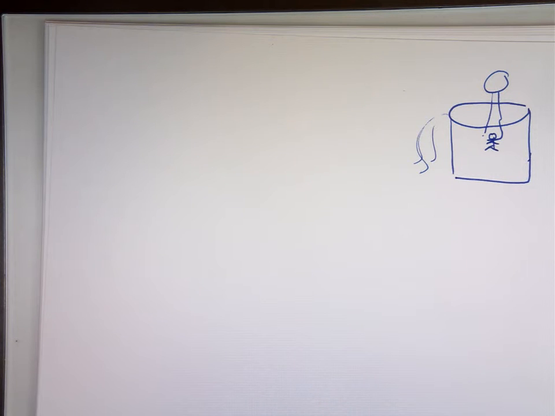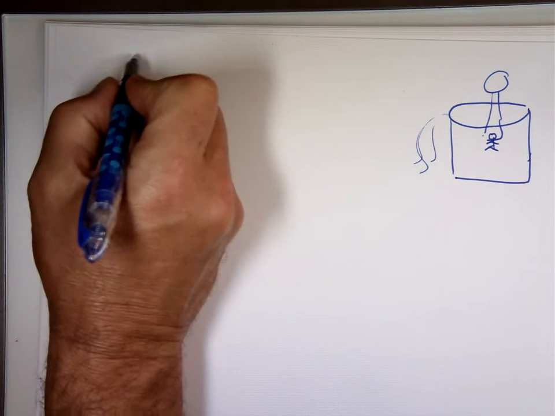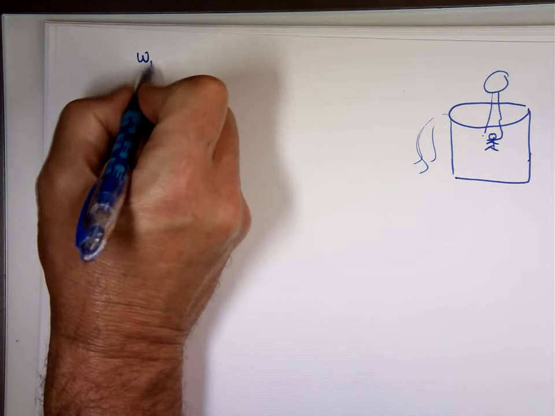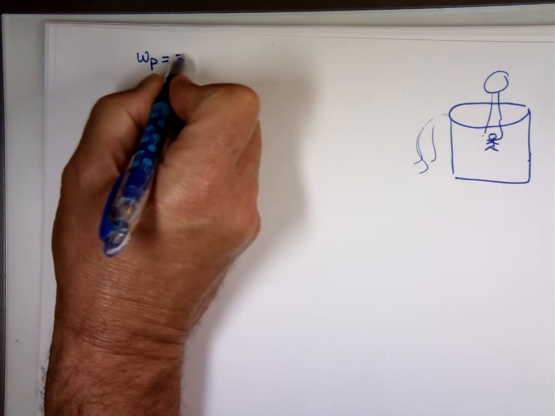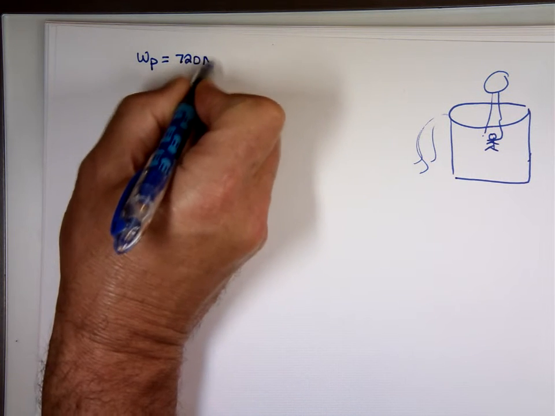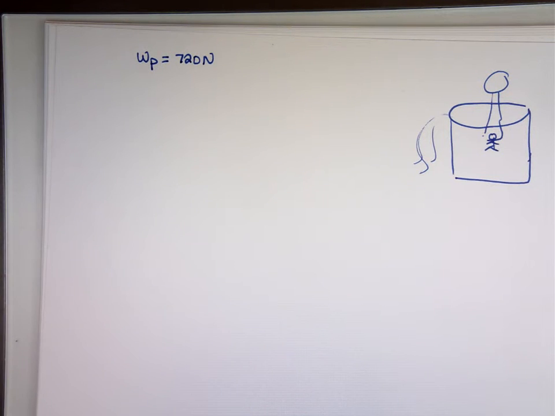So now, this person, before getting in the tank, has a weight of 720 Newton, which means if we divide that by 9.8, that'll give me his or her mass. So 720 divided by 9.8 is about 73.5 kilogram.